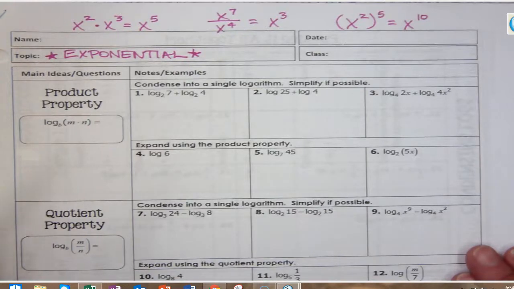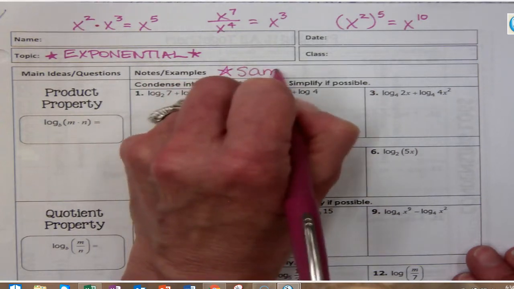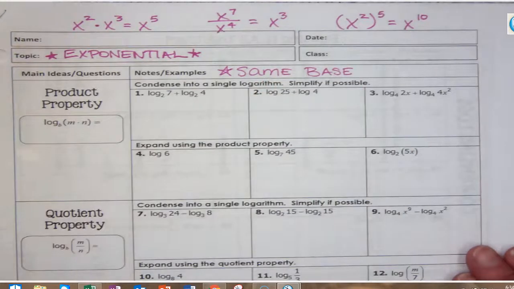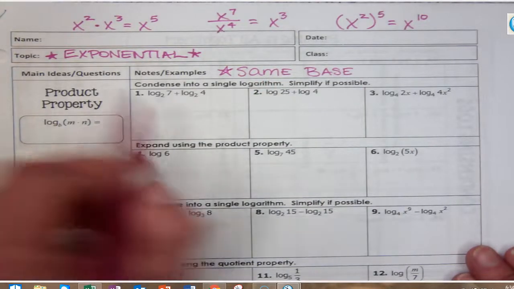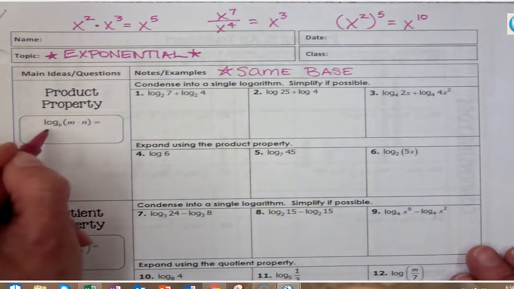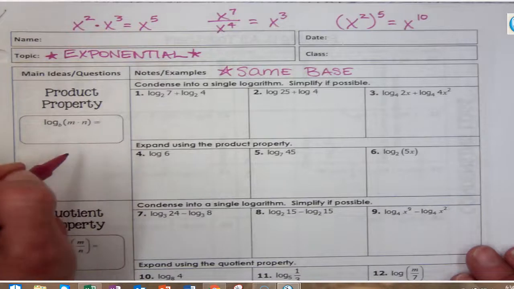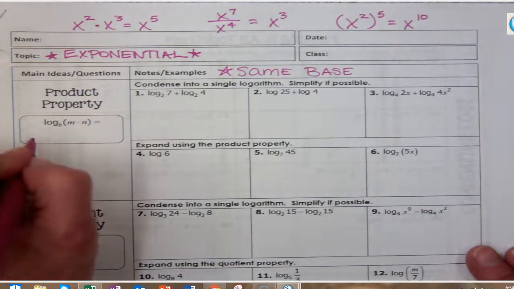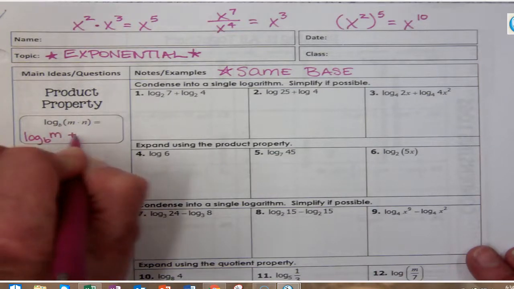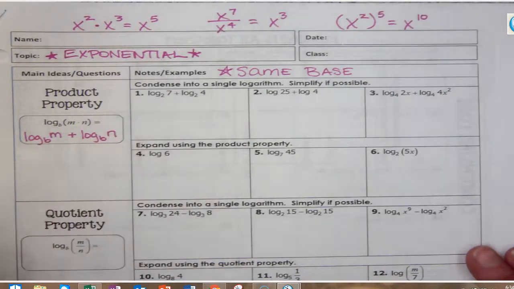Now, one thing you need to keep in mind is all of these have to have the same base. You can't do it if it doesn't have the same base. So make sure the bases are the same. If we have log base b of m times n, this is going to be log base b of m plus log base b of n.